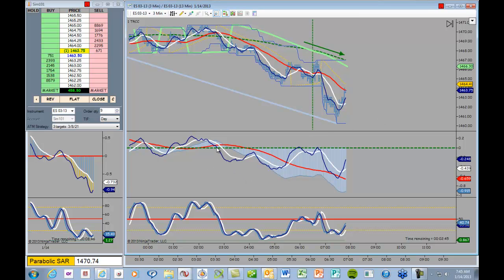What I've done is I've taken the solid histogram out from the faster MACD. We used to have the gold and the steel blue, and I think it kind of hindered the viewability of the longer MACD. So I think doing it this way is going to be helpful.